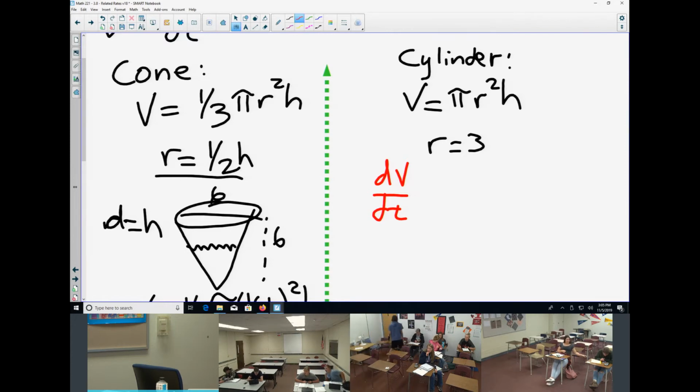So that would be V equals pi times 9 times h. So dV/dt would be 9 pi dh/dt.